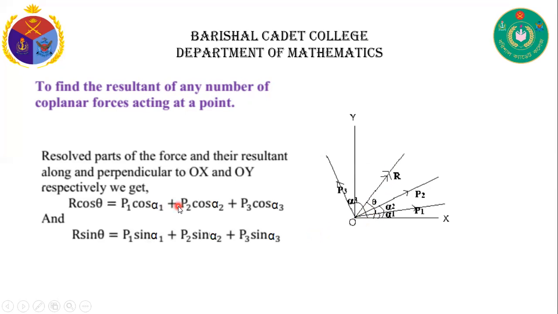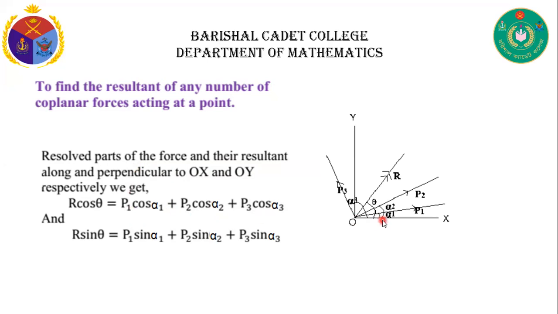So boys, now our theorem is: the resolved parts of the forces and their resultant along and perpendicular to OX and OY respectively. The resolved part of the resultant is R cos theta, and it equals the sum of the resolved parts of all forces.